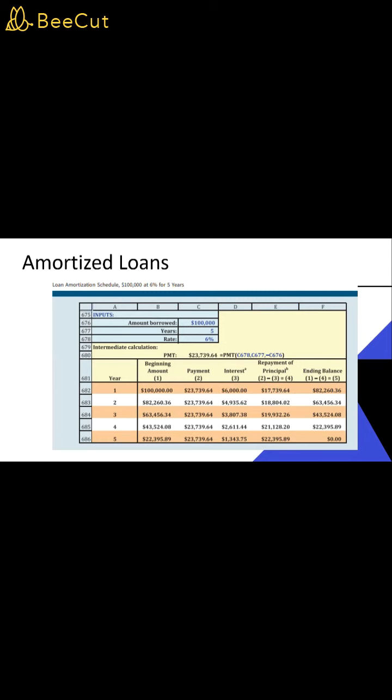And so your ending balance is going to be 100,000 minus this repayment of principal, 17,739.64, and that is going to give you 82,260.36. This 82,260.36 is going to be the beginning amount for year two. You know that the payment is going to stay the same.